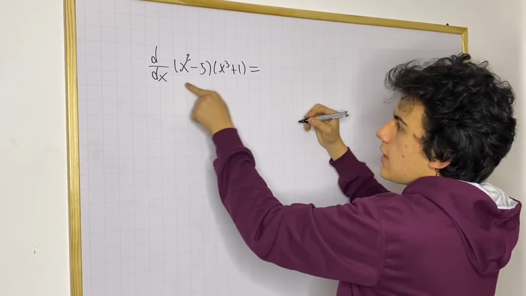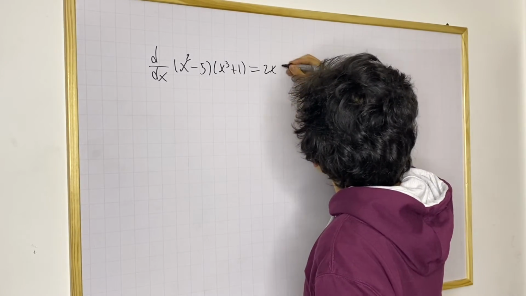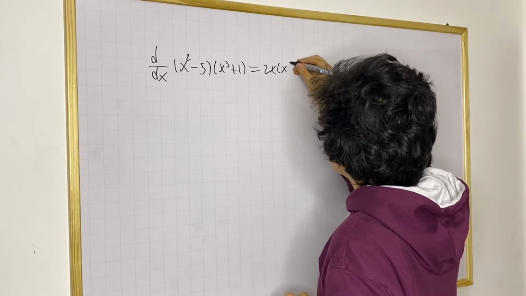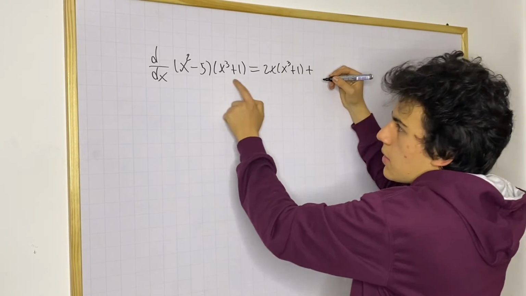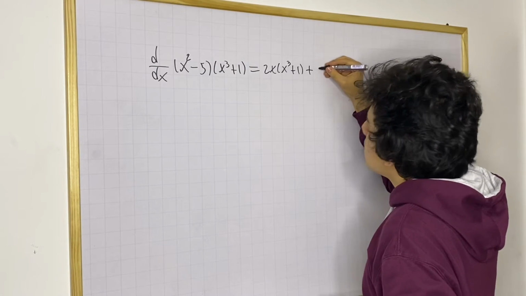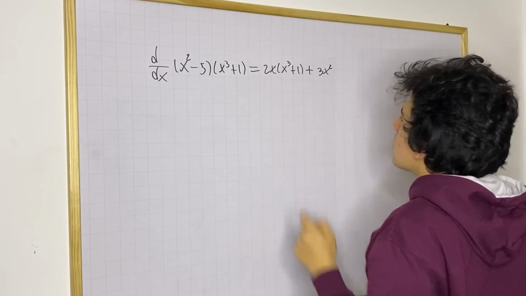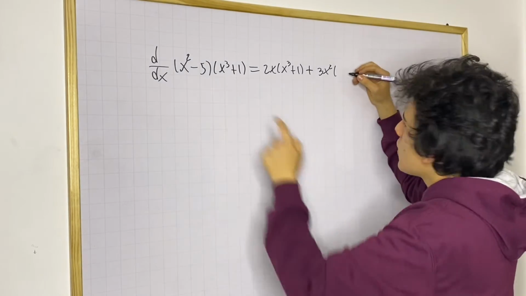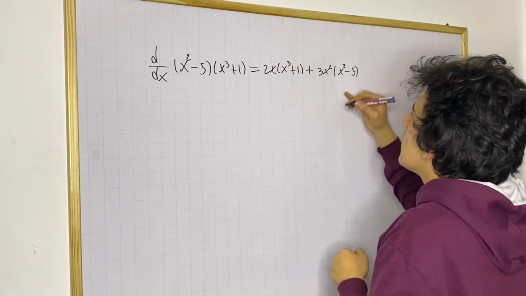We take the derivative of the first one. The constant goes to 0, so you get 2x times the same factor that you have in the second place, plus the derivative of the second factor. So you would have 3x squared, the constant goes to 0, times your first factor, and don't do anything to it, x squared minus 5.